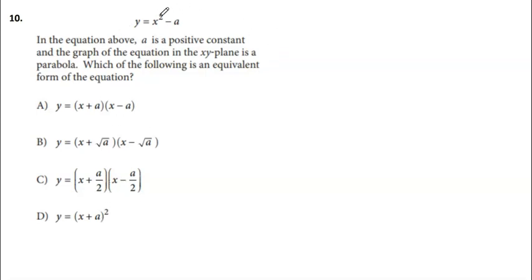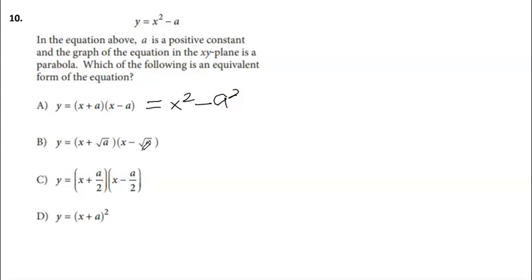And you notice that this is looking like the difference of two squared numbers or two squared quantities, right? And if we look at this, this certainly cannot be the answer, because this represents difference of two squares, but this will actually be x squared minus a squared, which is different from this.